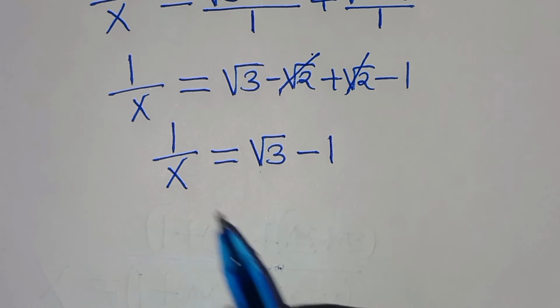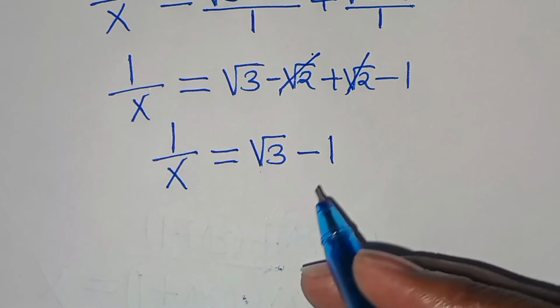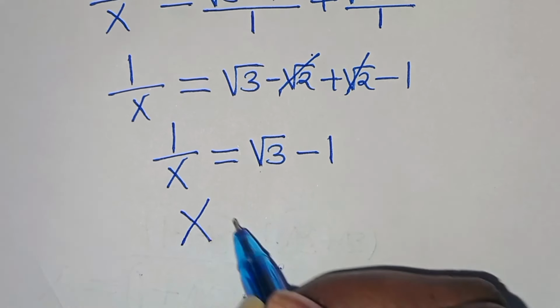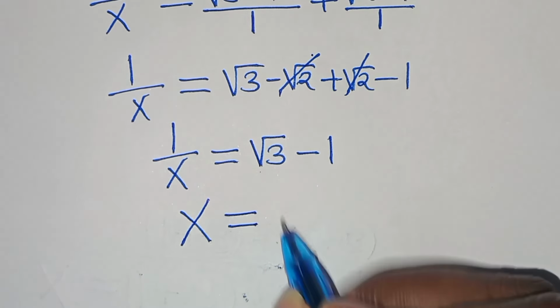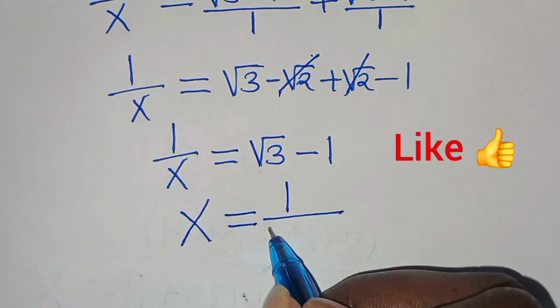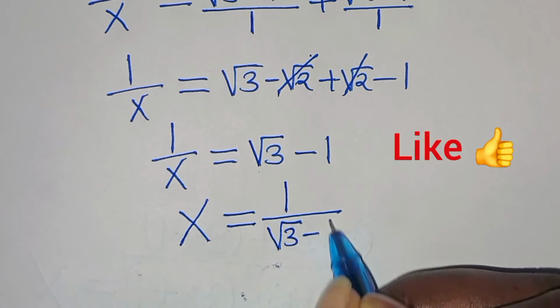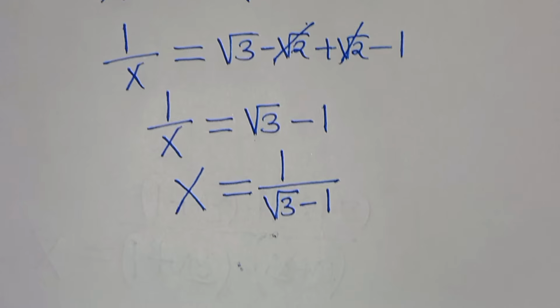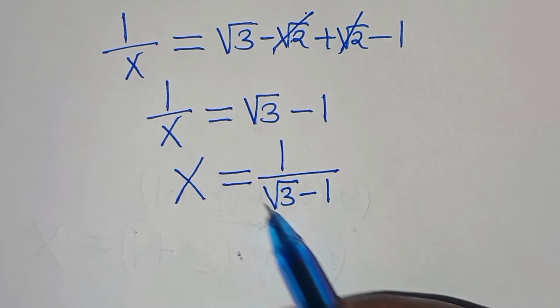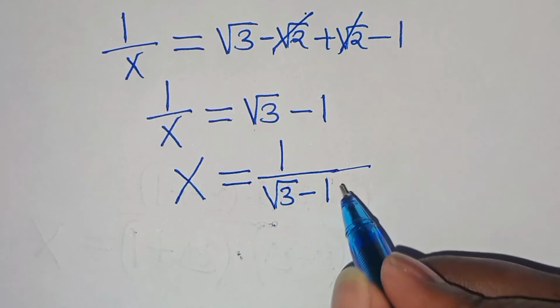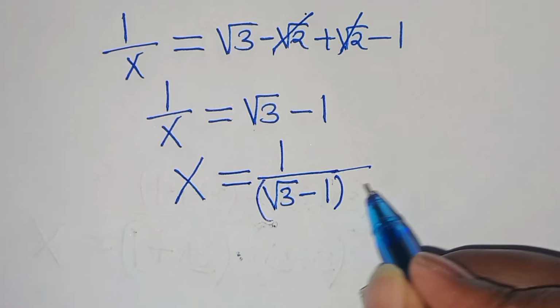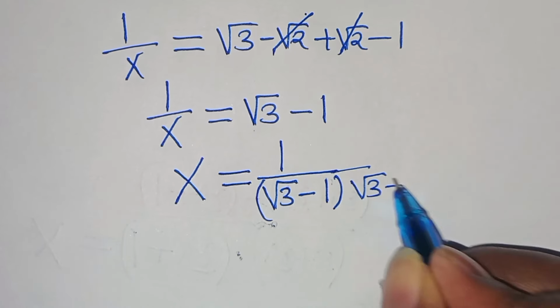Now, to solve for x here, we have that x will be equal to the reciprocal of this, which is 1 over square root of 3 subtract 1. Now, let's rationalize the denominator again by introducing a conjugate here, which is square root of 3 plus 1.